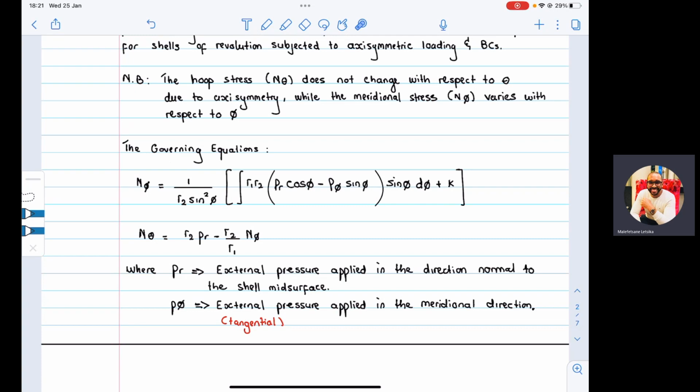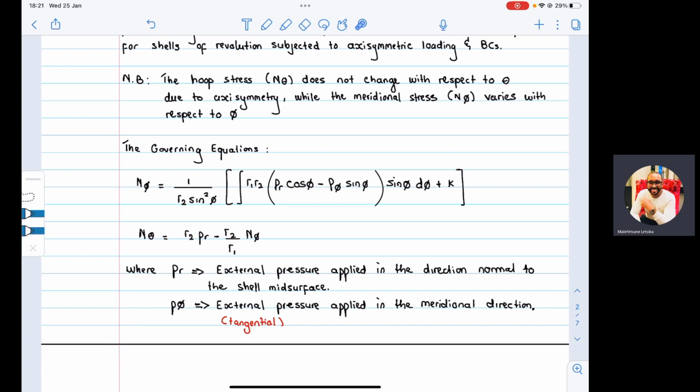They fit everywhere. Okay. Of course, this is basically with the assumption that your shell of revolution is loaded axisymmetrically.